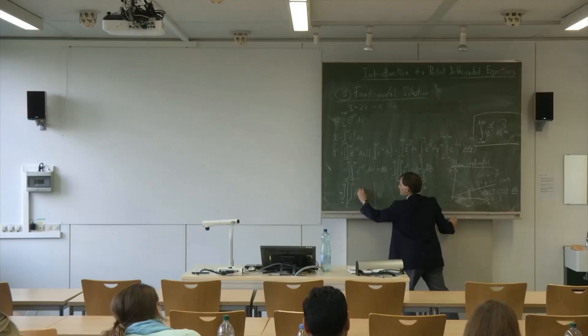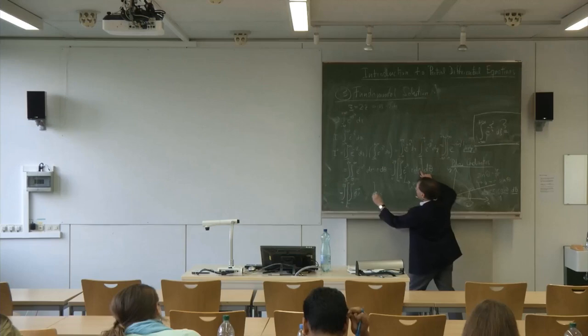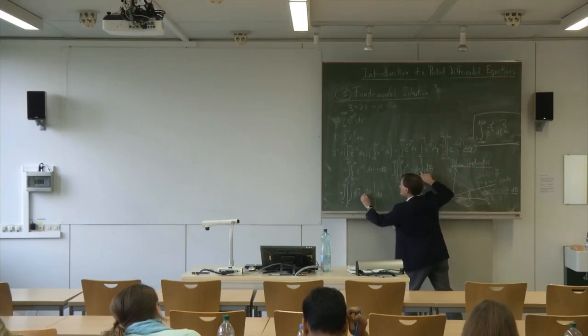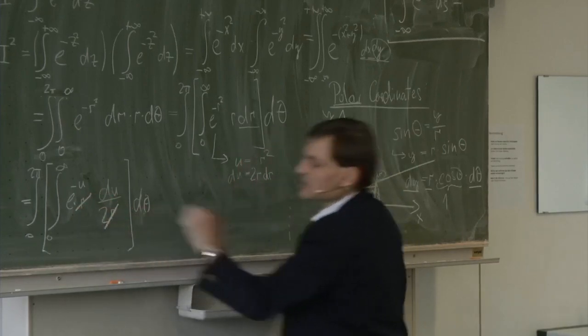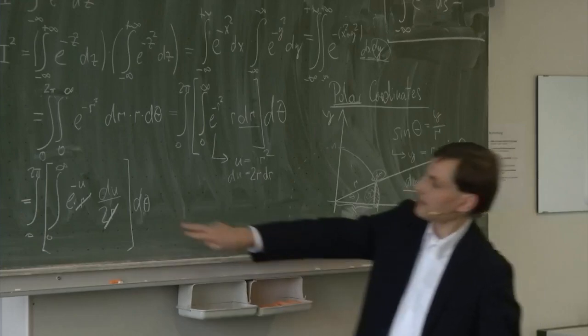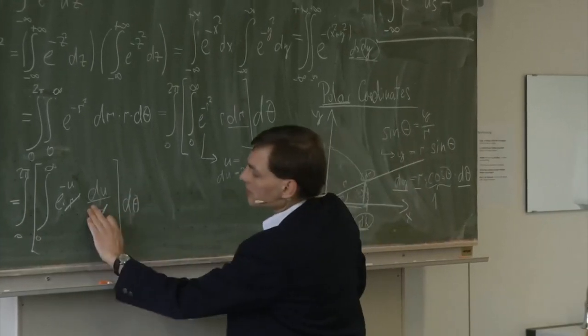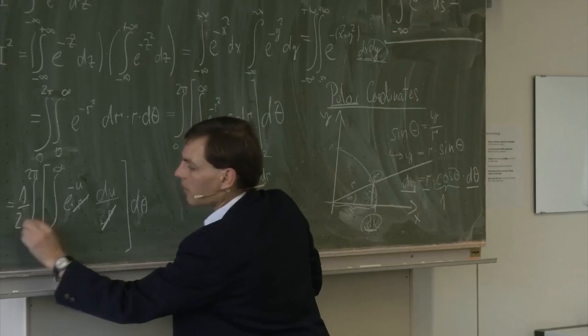So then I have here an r, right? This r times r. And then for dr, I write du over 2r. Then this r, and that was my intention, cancels out. And here I have 1 over 2, and I can bring the 1 over 2 outside all the integrals.